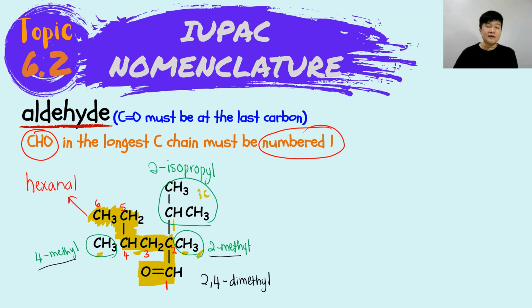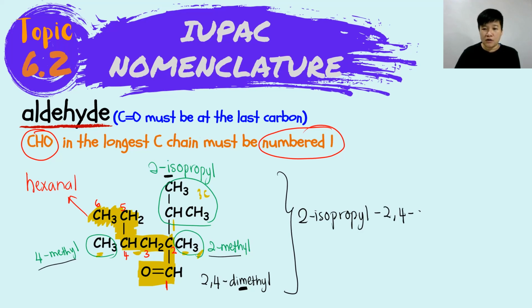Just a kind reminder, alphabetically order of isopropyl, we will take count of the I. Dimethyl, we will take count of the M. And alphabetically wise, M come first or I come first? Obviously, I come first. Therefore, 2-isopropyl, 2,4-dimethylhexanal, 6-carbon aldehyde. Easy? Simplest thing ever.